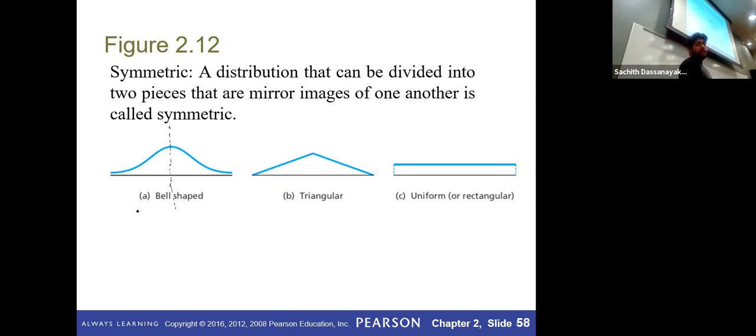So it is symmetric. Same goes to here. Once you cut this one about this axis from the middle, you will see they are like mirror images. And this as well. Since this is a rectangular shape, it doesn't matter, they are equal.